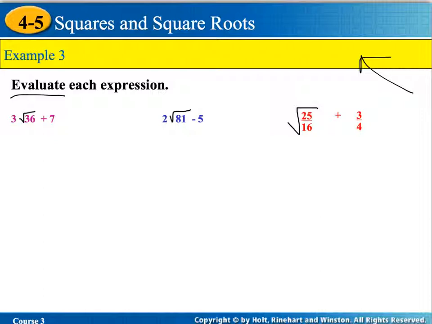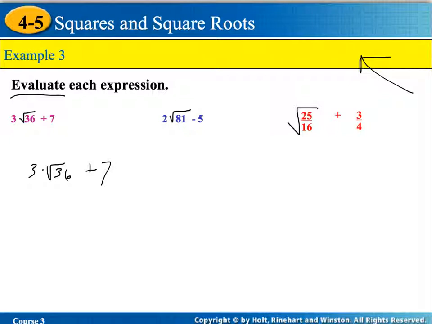Now, if we look at this, we are going to evaluate each expression. Now, when we find the square roots in here, again, we're going to use the principal square root, not the negative square root. All right? So, 3 square root of 36 plus 7. How do you find that? Well, that means 3 times the square root of 36 plus 7.